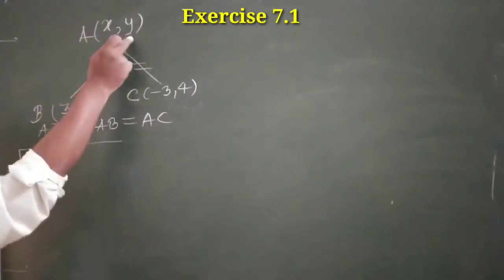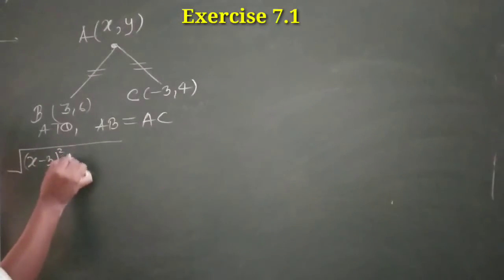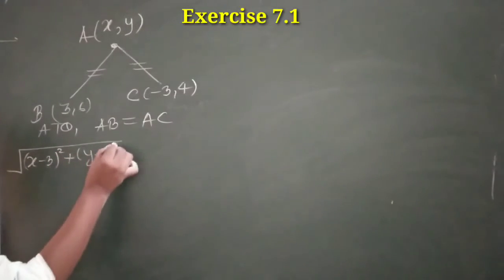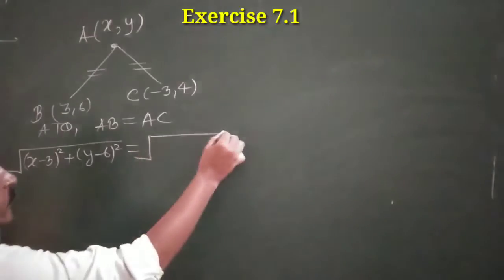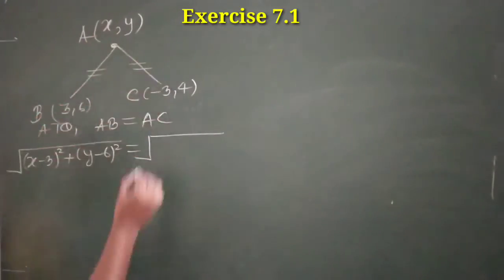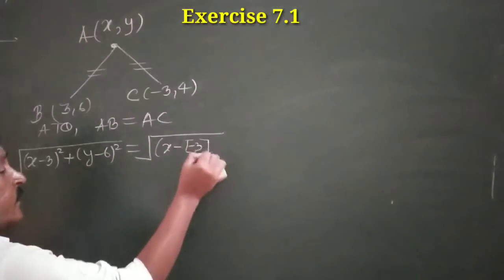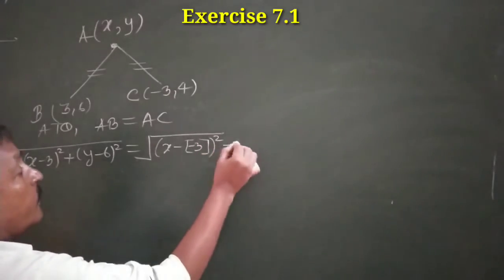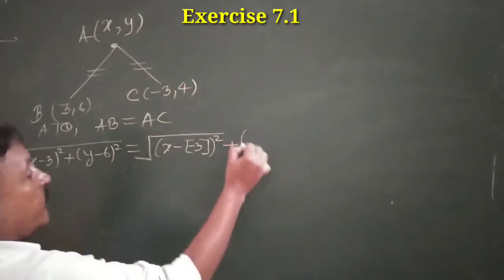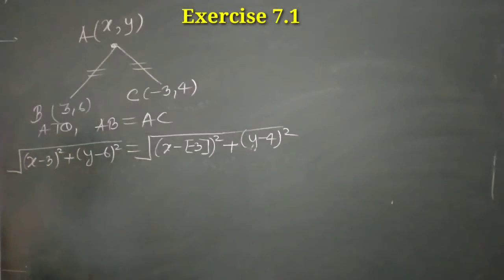It is x1 y1, it is x2 y2. x2 minus x1, y2 minus y1, means x minus 3 whole square plus y minus 6 whole square. In the same way here, it is x1 y1, it is x2 y2. x2 minus x1 means x minus minus 3, whole square, plus y2 minus y1 means y minus 4 whole square. First of all, we have to remove this square root, means we will do the squaring.